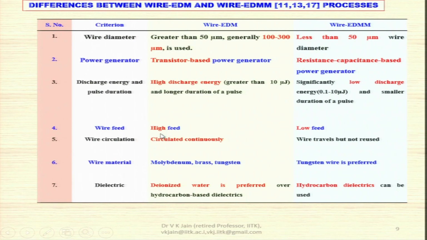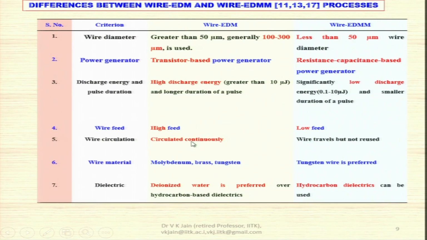Wire feed is a high feed rate in wire EDM and low feed rate in wire EDMM. Wire is circulated continuously in wire EDM, while wire travels but is not reused in case of wire EDMM process, because there is a higher probability of breakdown or breakage of the wire in case of wire EDMM as compared to wire EDM.